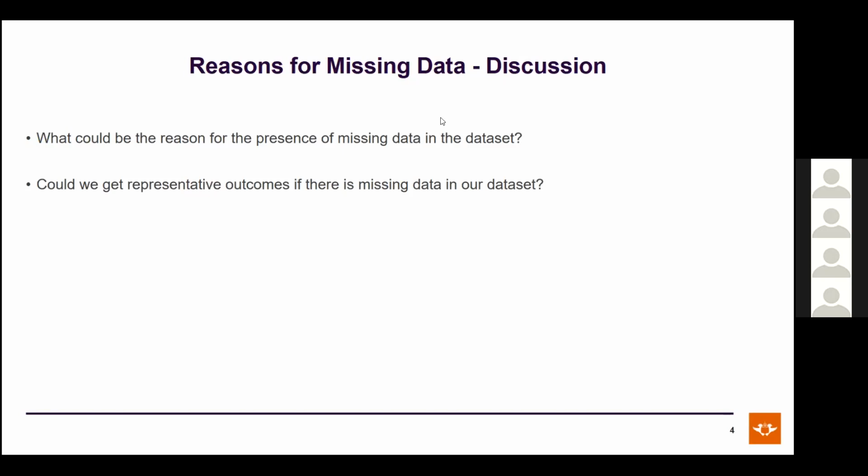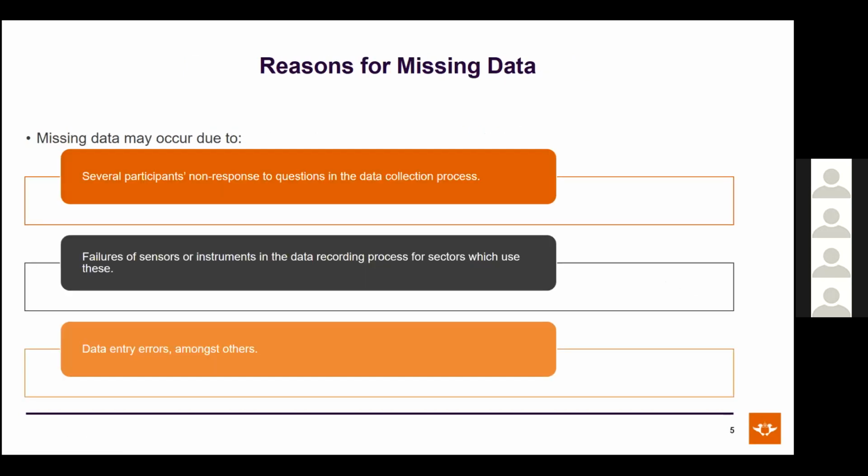We're just going to move on and look at some of the reasons why data could be missing in your data set. And that will mean you need to do the imputation. So missing data, for example, if you're doing a survey, some of the participants might decide not to mention some information which is asked for.